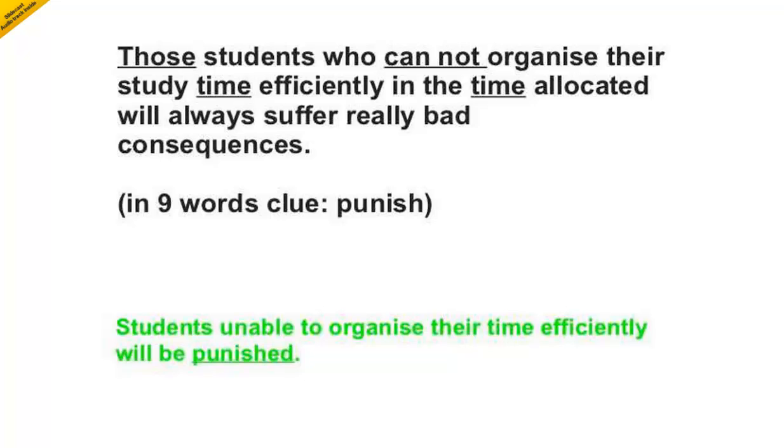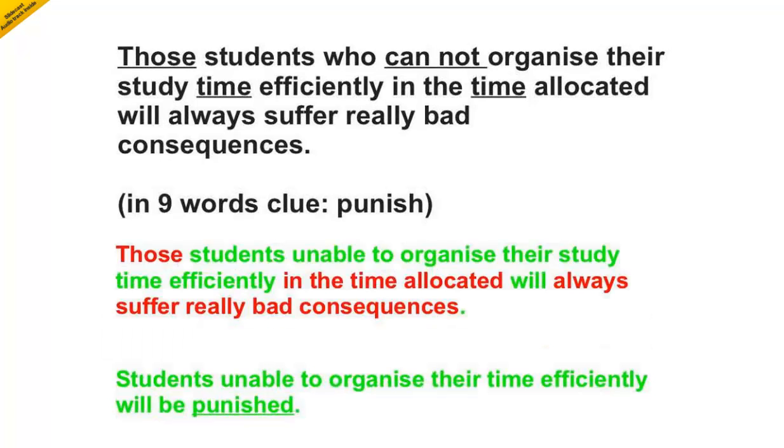And I did go quite ruthless because I said students unable to organize their time efficiently will be punished. I did cut out allocated because it's my assumption that it's implied. If you're organizing your time efficiently, it's a similar message to in the time allocated. Okay, this way it was more concentrated and we're saying the same with less.